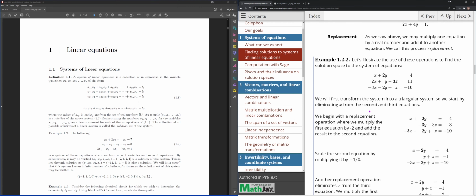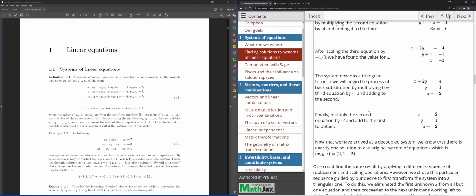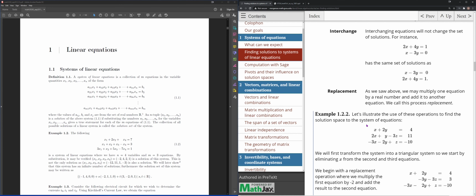A slightly more complicated system is this one here. Notice that you have three equations here, and three variables, x, y, and z.